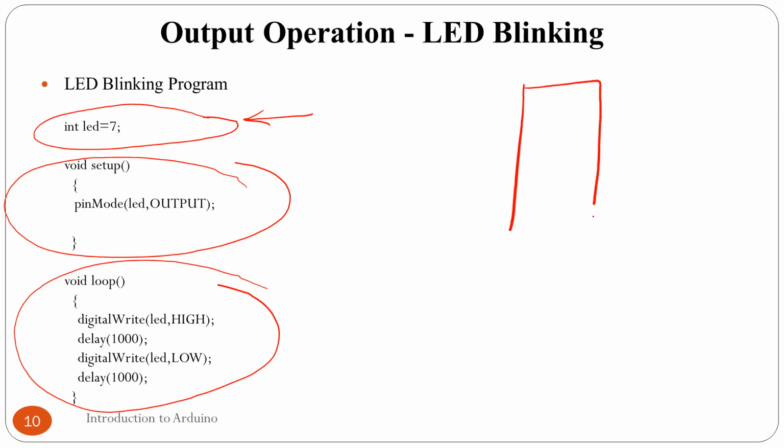For example, whenever you are designing a project using Arduino, suppose you are interfacing a sensor to pin number 5, and you don't want to put the number 5 inside the program. You want to assign a name like sensor to that particular pin, then you can declare it inside the variable declaration part.